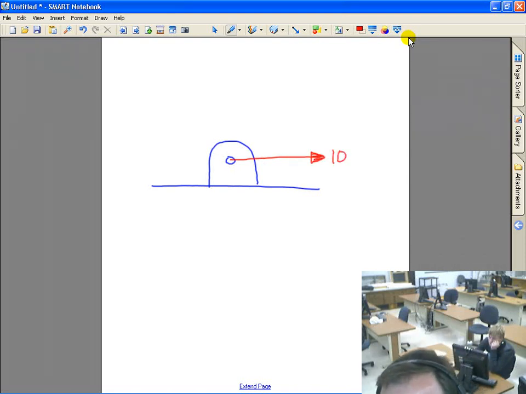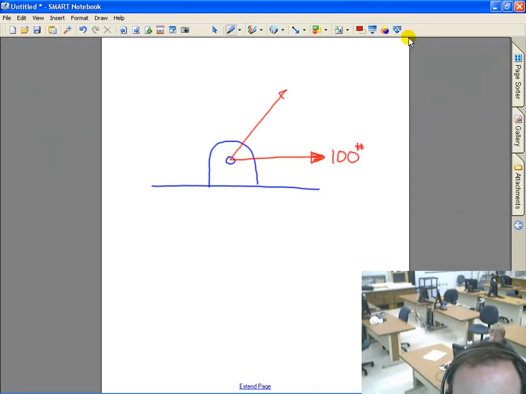Let's call this 100 pounds. Force 2, or we'll call this force A. Force A equals 100 pounds. Force B equals 85 pounds.